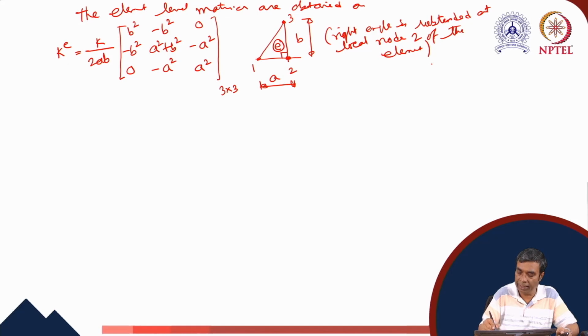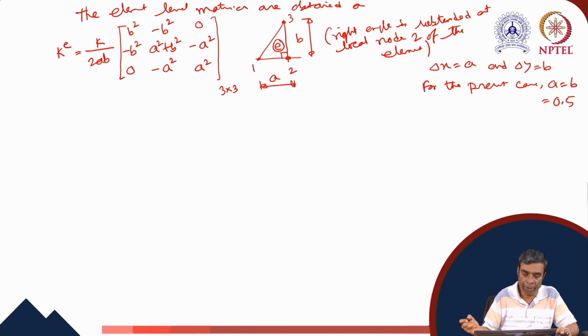We have already defined that delta x equals A and delta y equals B. So for the present case, A equals B equals 0.5. Therefore, we get here K is also 1.